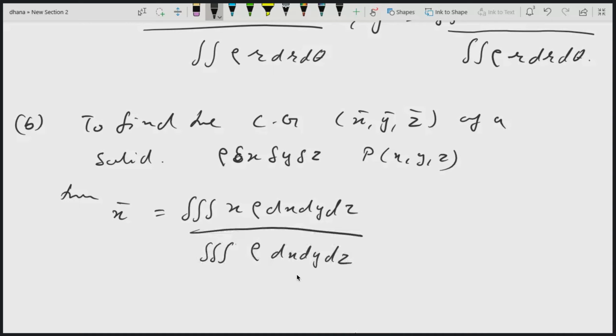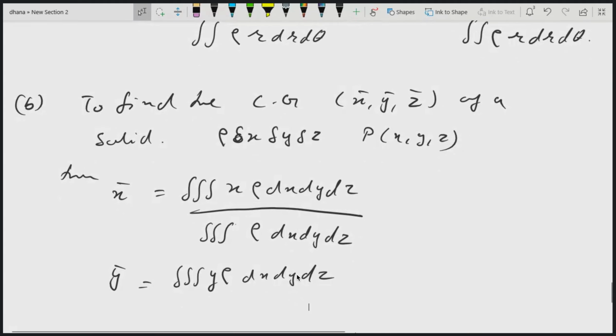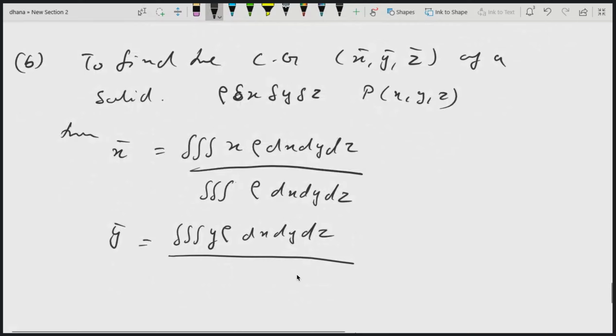Similarly, y bar will be the triple integral of y rho dx dy dz over the triple integral of rho dx dy dz. Order according to your wish you can write. There is no restriction for the order here.